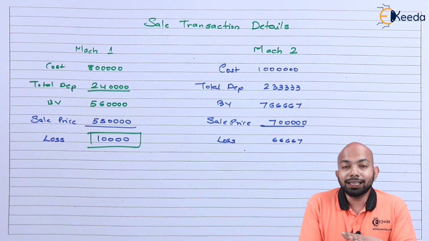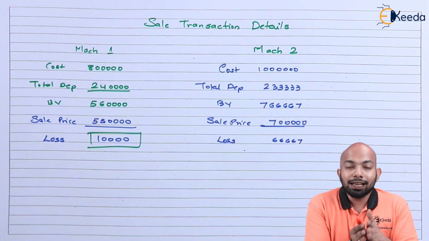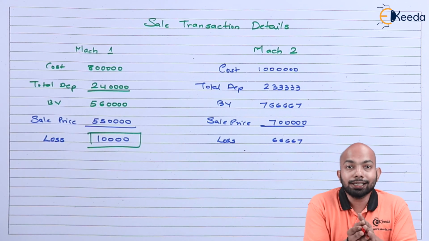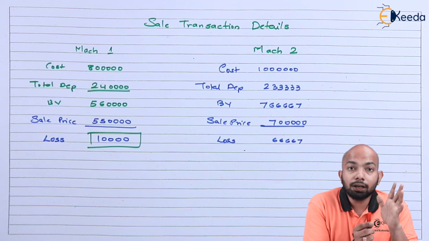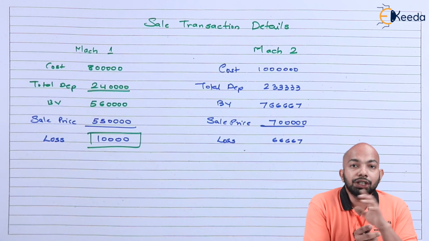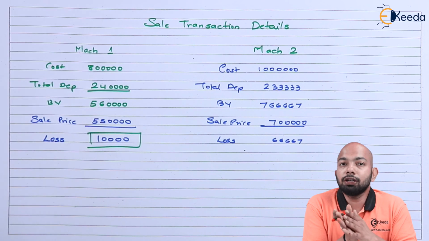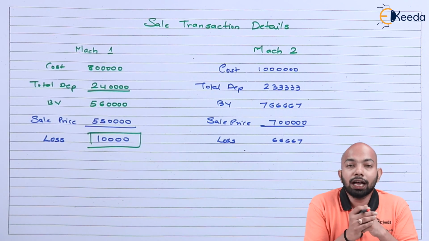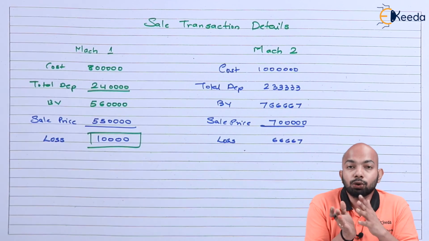So what we'll be doing is that we'll be mentioning these details. After this, we'll be calculating the value of assets that we have with us. That means from machine 1, the part which is for 7 lakh rupees, it is still with us, the value of that asset. Machine 2 has been sold out. Machine 3 and machine 4 are still with us. So we have the value of those assets. We'll be mentioning it down and we'll post that mark the closure of it.